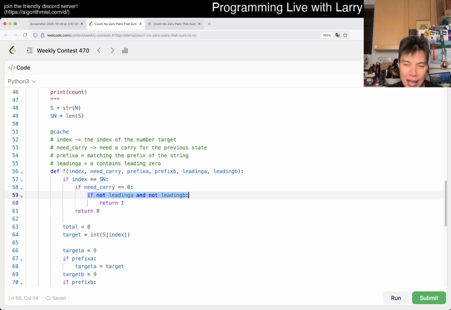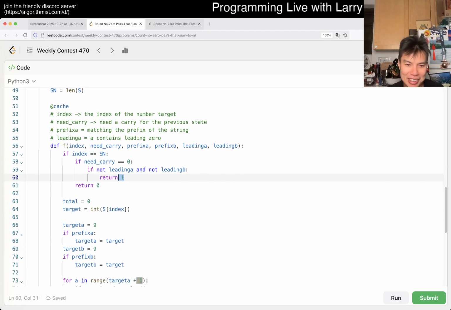And also, if we're still on leading zeros, that means that this number is a 0 and this number is a 0, or well, one of them is a 0. So the only way is, if we have a real number on the A and a real number on the B, and we do not need any more carries from the future, then we have one number, right? Pretty hopefully straightforward. This is the easier part.